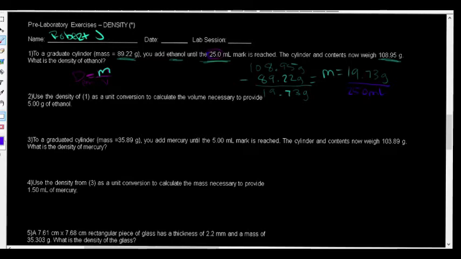So this is going to give us our density, right? Because we know that density is mass over volume.